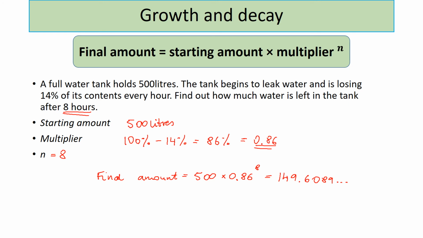Now, my advice would be write all the digits from your calculator display, and then, for example, round your answer. So I could say it's going to be 150 litres. That is to the nearest litre. And that's it.